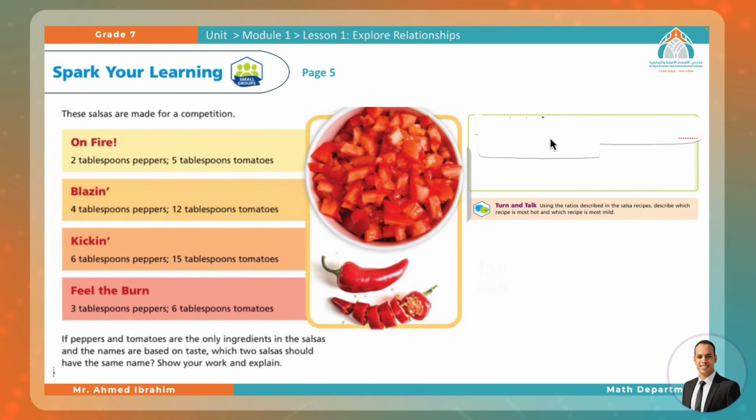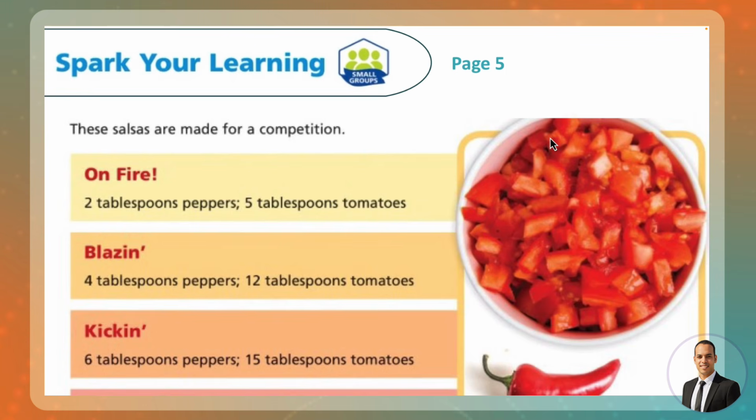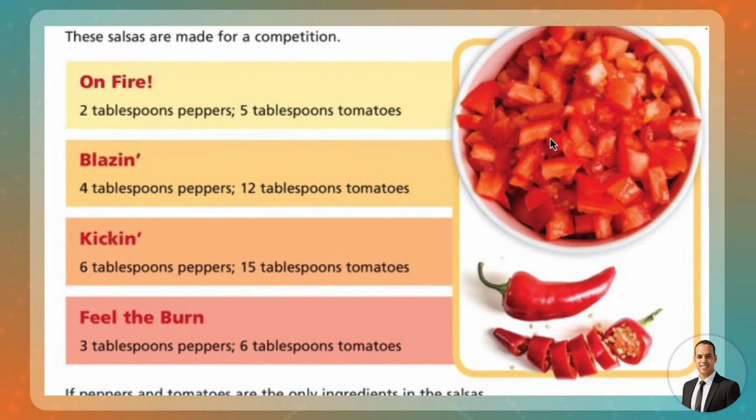So let's start with Spark Your Learning. These salsas are made for a competition. We have 4 types of salsas here. We have On Fire, and it uses 2 tablespoons peppers and 5 tablespoons tomatoes. Blazing uses 4 tablespoons peppers, 12 tablespoons tomatoes.